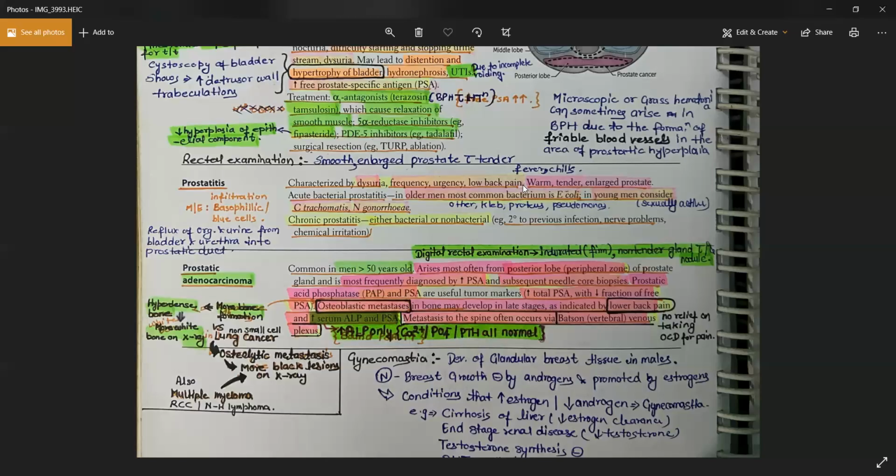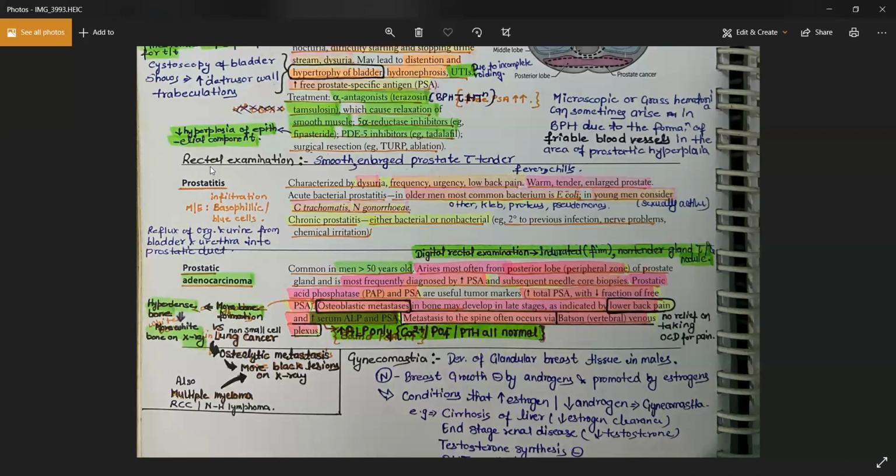Pelvic pain or lower back pain will be there, and the prostate becomes very warm and tender. So fever, chills will be there, systemic signs and symptoms of inflammation. Fever, chills, a warm and tender prostate, lower abdominal pain, frequency, dysuria, painful micturition will be there. These are all the symptoms of prostatitis.